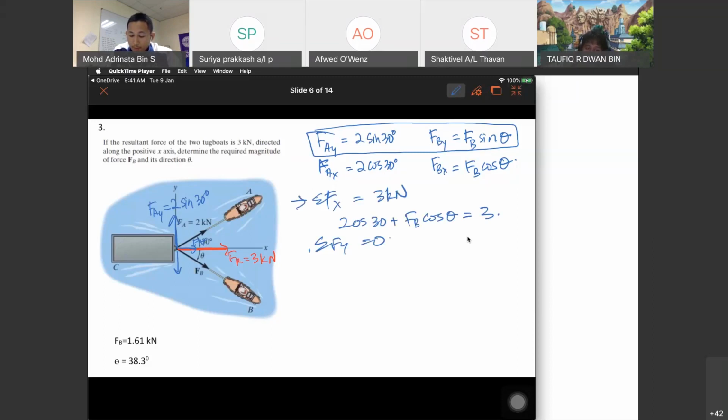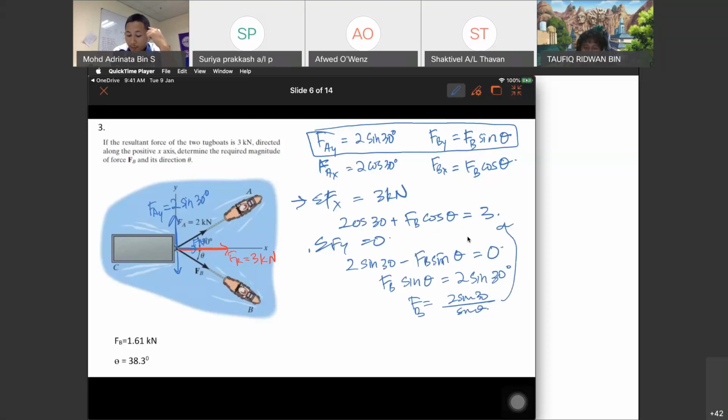You have 2 sine 30 minus FB sine theta equals 0, so FB sine theta equals 2 sine 30. Then FB equals 2 sine 30 over sine theta, and you substitute it to find the answer. So this is number 1, and we have 2 equations and 2 unknowns.